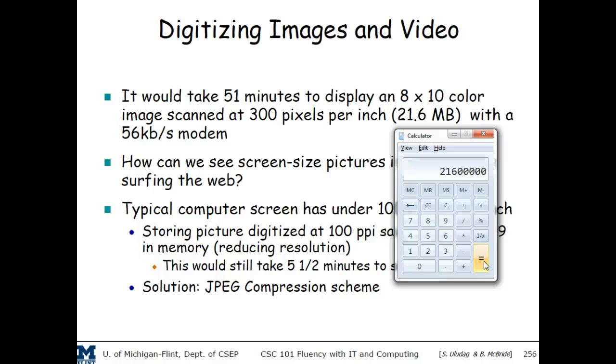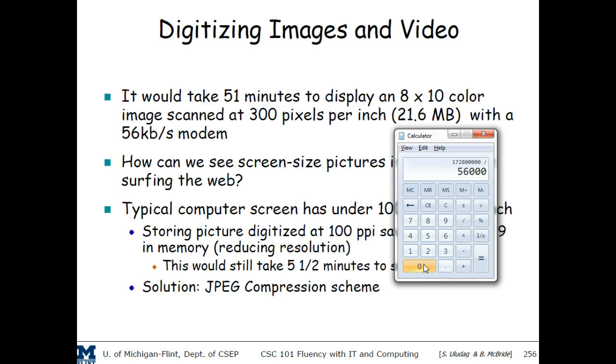Well, again, we can make a quick calculation. I'm going to convert the megabytes back to bits by multiplying by 8. So that's how many bits it takes to store the image. And if we have a 56 kilobits per second modem, that means we can download 56,000 bits per second.